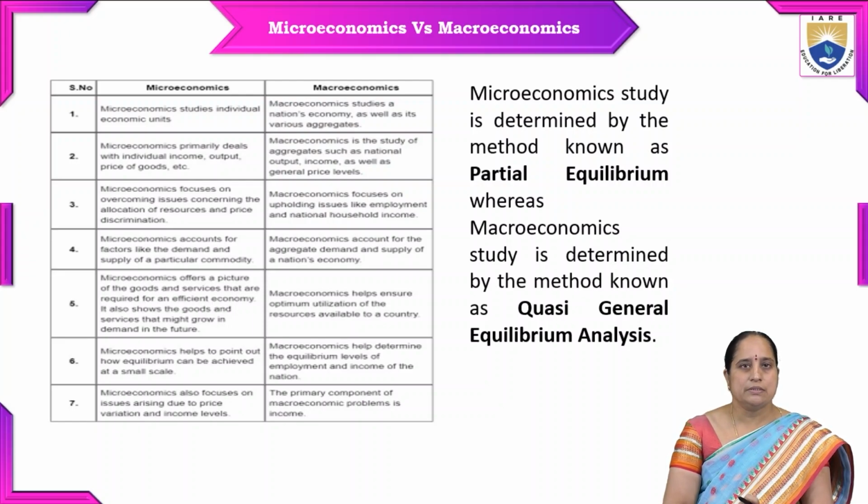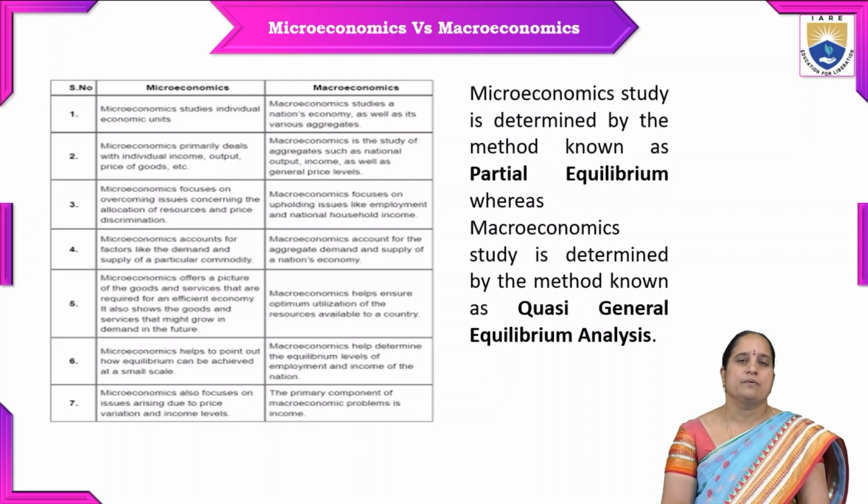The third difference is that microeconomics focuses on overcoming issues concerning the allocation of resources and price discrimination: why we have differences in prices in various markets among various products and services. All that we can study under microeconomics.